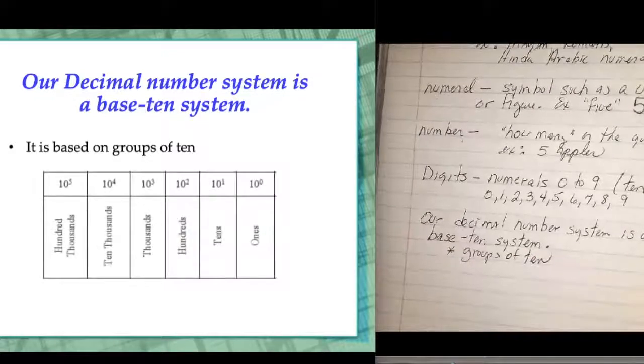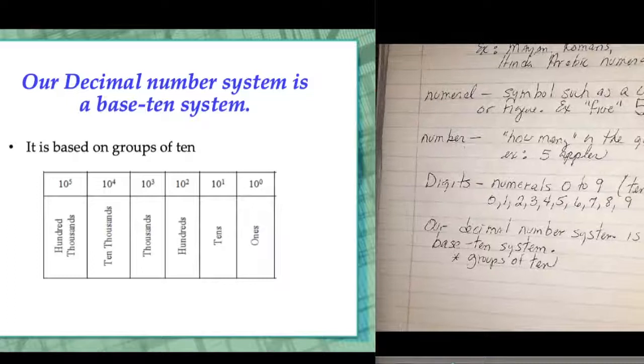If you see the place value chart that I included here, I went ahead and put the exponents to show you the base 10. So we've got ones, tens, hundreds, thousands, but notice that every one of those values can be written as an exponent with base 10.